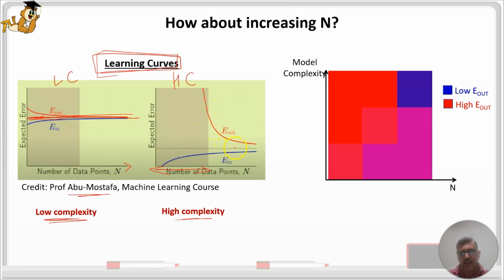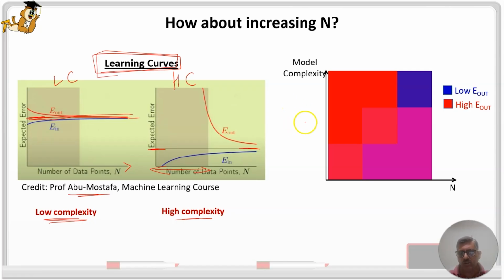But as you start getting more and more training data, your En and Eout will again start to converge, but they will converge at a lot lower level of the error. So if you had higher number of training points, your high complexity model eventually will start doing a better job compared to a low complexity model, right?